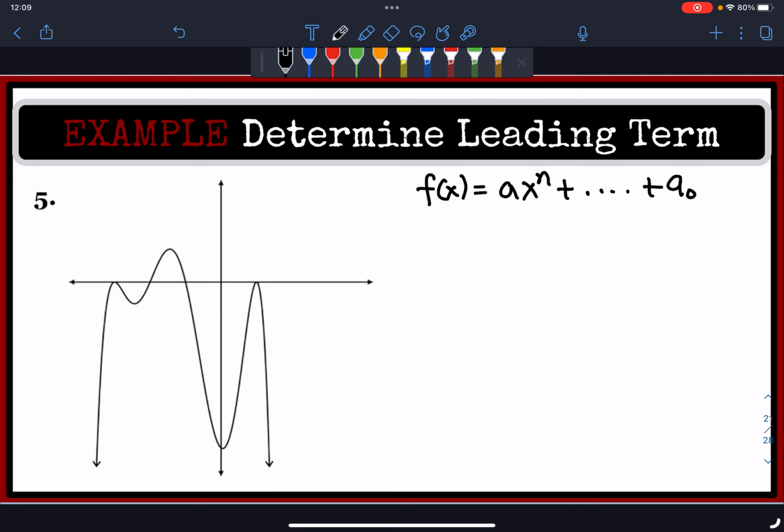Now, because the two ends are pointing downwards, I know two things. First, this letter A is equal to a negative number. And I also know that the exponent n is equal to an even value.